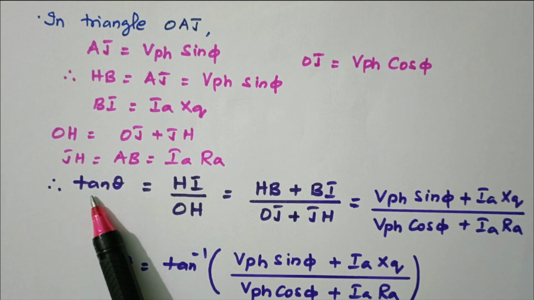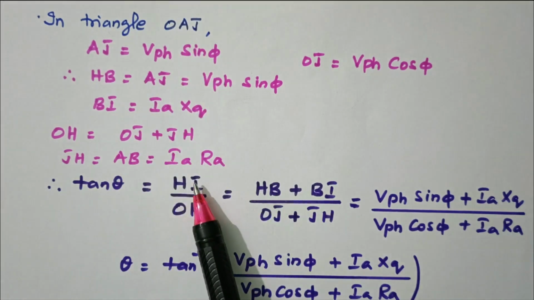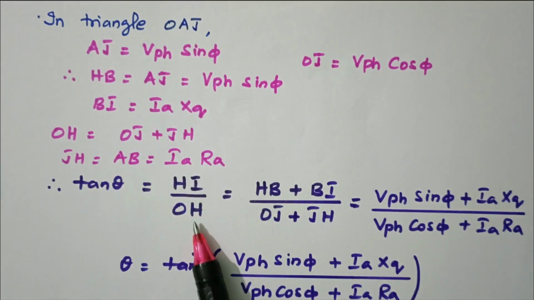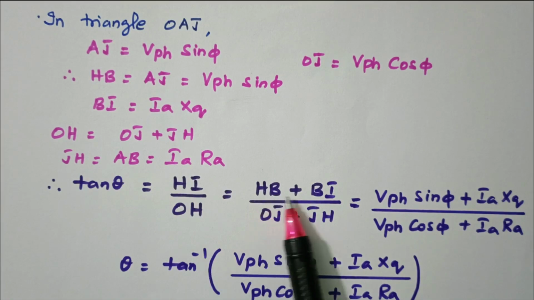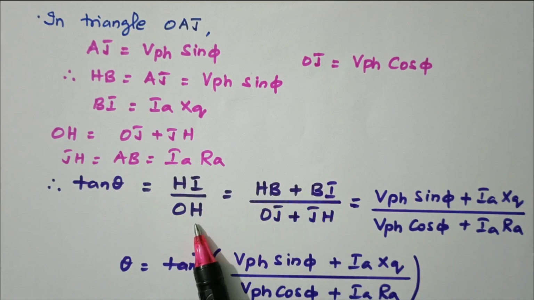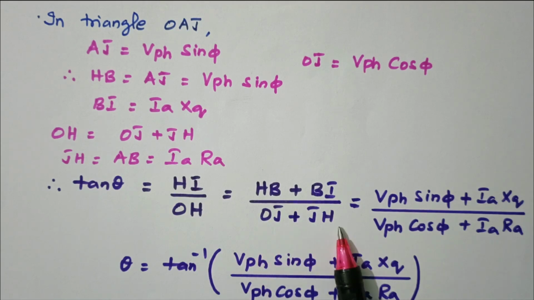Now finally we are going to find tan theta from the triangle OAJ. HI divided by OH. HI is nothing but HB plus BI. OH is nothing but OJ plus JH. So all these values are available.